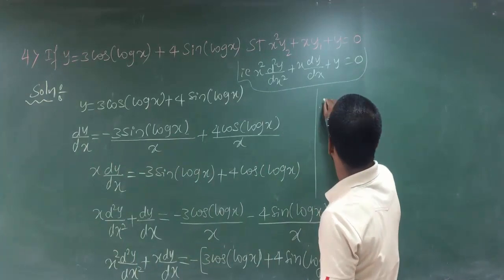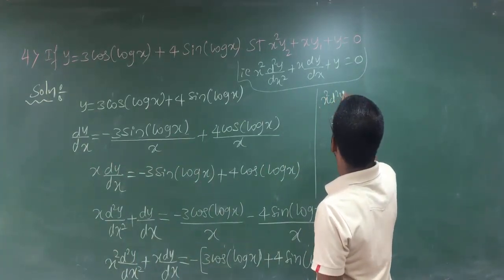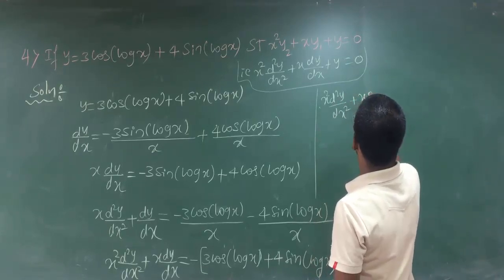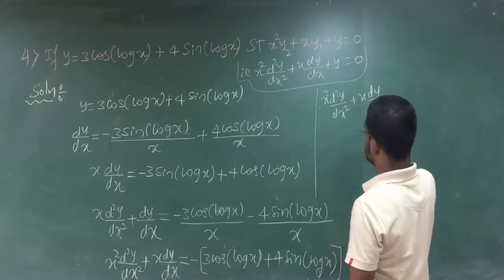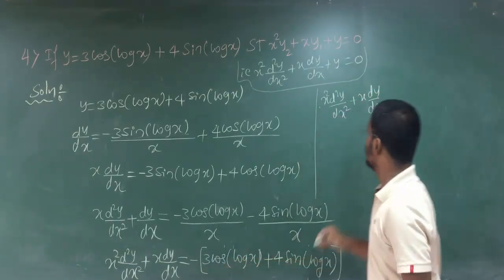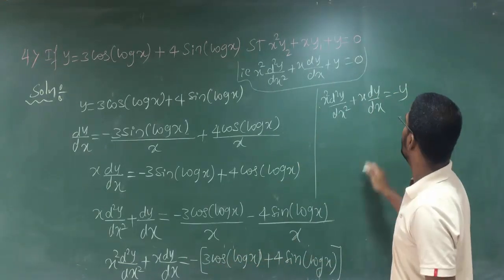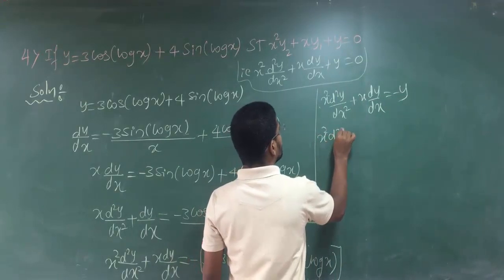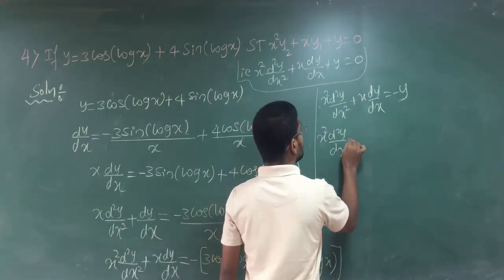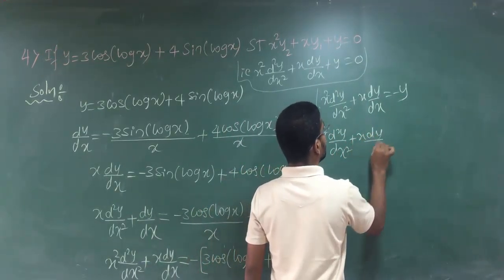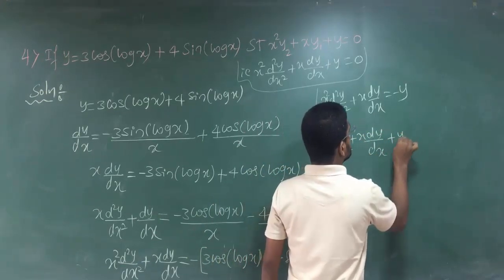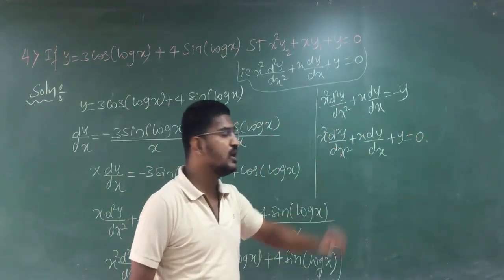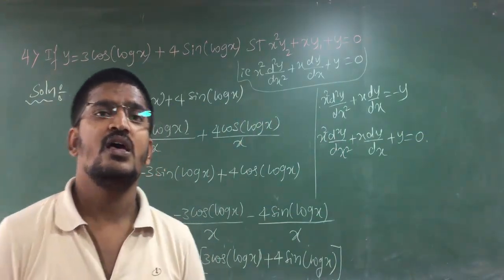So that is x square d square y by dx square plus x into dy by dx equal to minus y. Clear? Take minus y on this side. x square d square y by dx square plus x into dy by dx plus y equal to 0. Therefore, you got your required result.